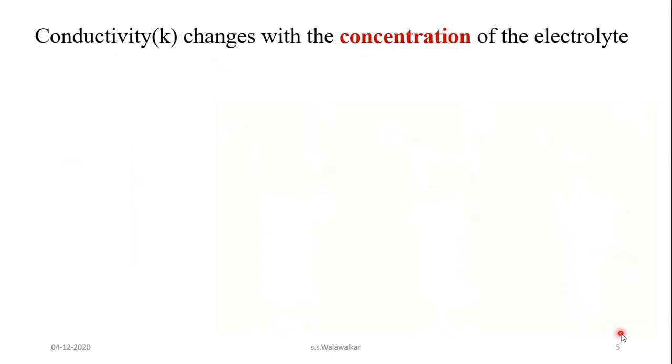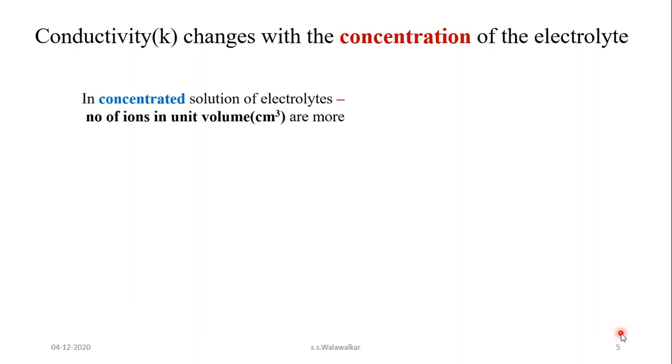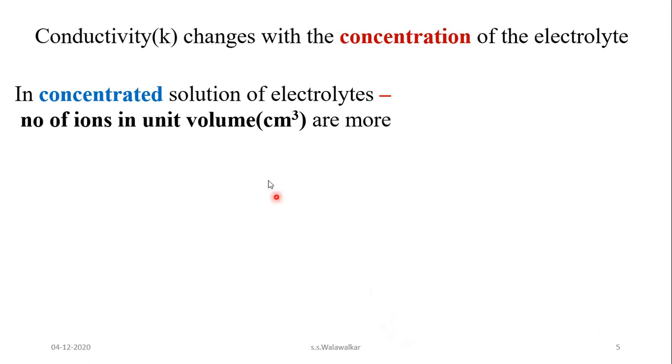But see here, conductivity changes with the concentration of the electrolyte, of both strong electrolyte as well as weak electrolyte. In a concentrated solution of an electrolyte, the number of ions in unit volume is more, they are close to each other, and therefore conductivity is more.